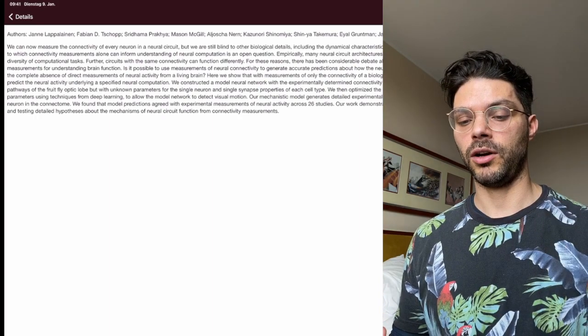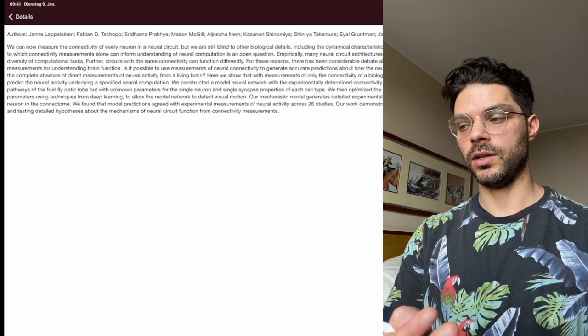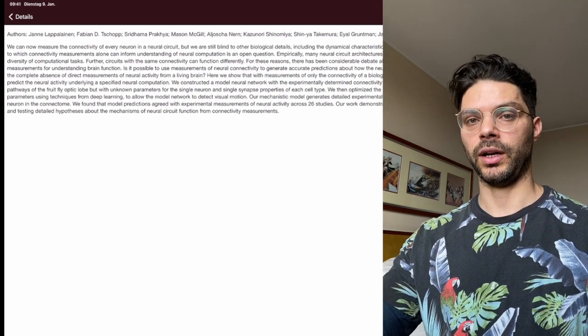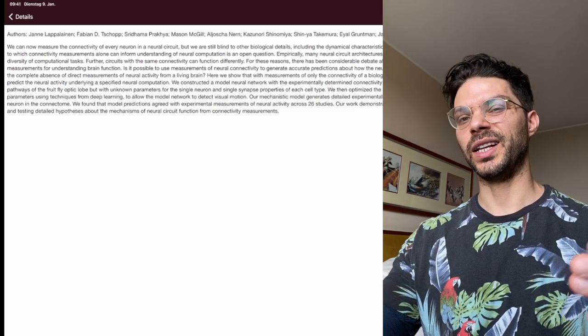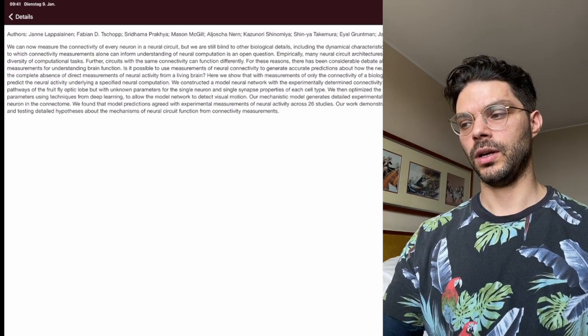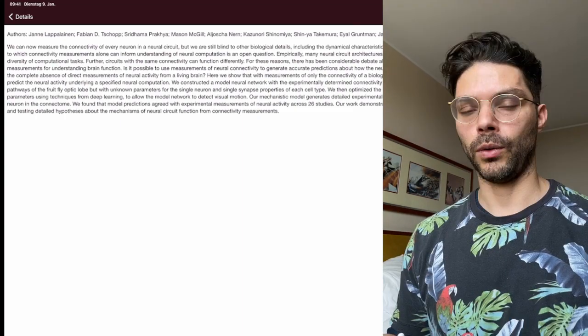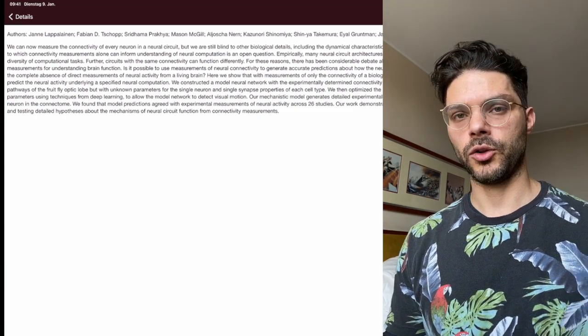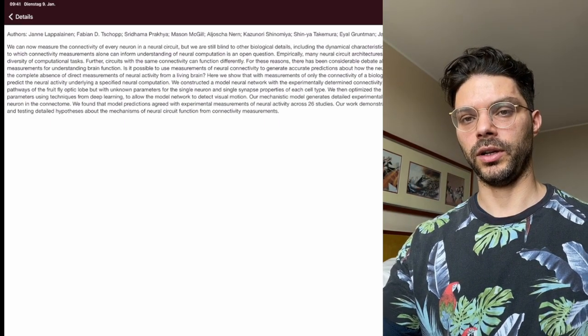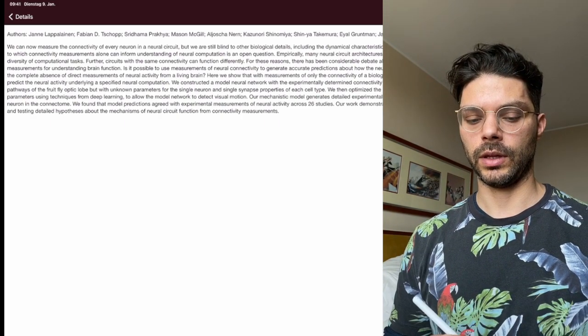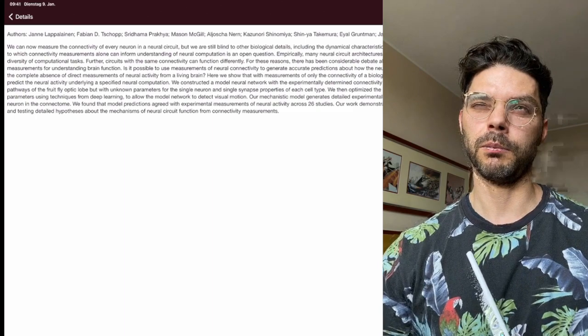So you have the connectome, you don't have the functional properties, but you have the function of the overall circuit. Can you essentially fill in the functional properties given those two other pieces? I guess what they're going to show is that indeed you can. If you have the connectivity information and what you think a circuit does, you can figure out the remaining piece.